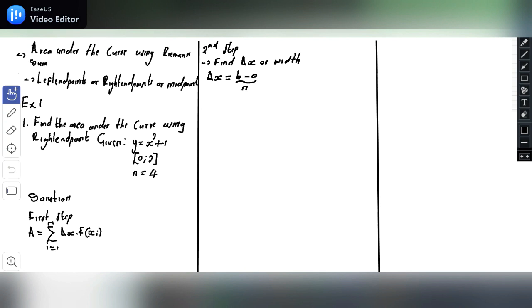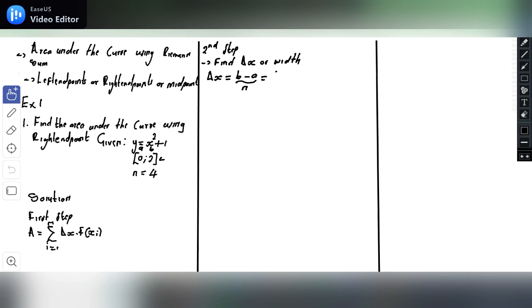So what do b and a represent? They represent our 2 points, and if you check here, we have 0 and 2, which are the 2 limits. Therefore 0 represents a, the first value, and the second value represents b. Hope you guys can see it. And n represents the number of strips or the number of rectangles, and you can see that we are given n. So now let's use this formula to find delta x.